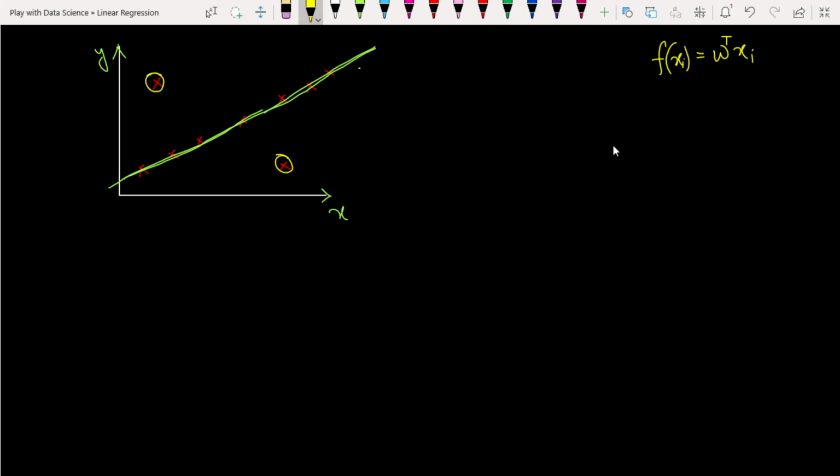Now here our f of x is the linear equation. So here y equals our f of x, that is simply our linear equation, meaning w1x plus w0, because here we are considering the 2D example.